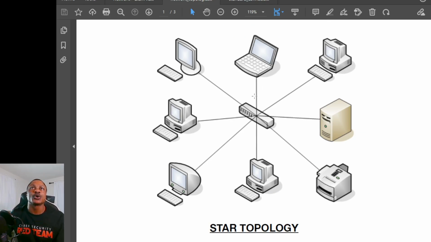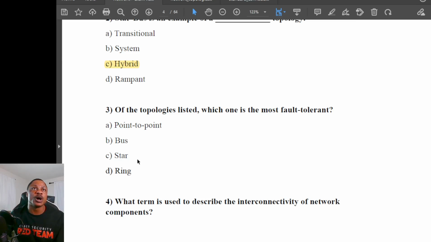Let's say the connection from this node to the hub or switch breaks, then all the other nodes connected to it are still working very well. They still have signal. That's just an example to explain why the star topology is seen as the most fault tolerant compared to all the other ones listed here, of course.